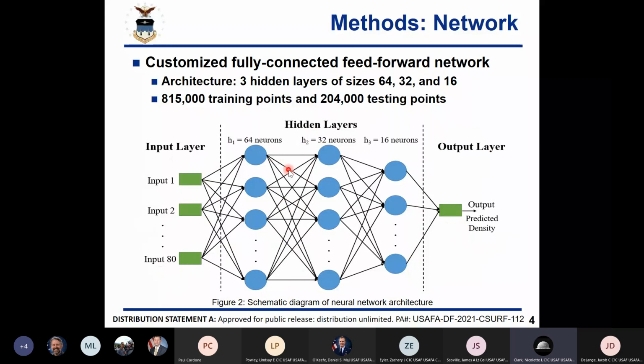We used 815,000 training points and 204,000 testing points, which means that for 815,000 of the data points, we gave the model the inputs and the associated output that was measured by IMESA, and it used those data points to map out the relationship between the inputs and outputs. And then for the 204,000 testing points, we gave it just the inputs and asked it to predict, and then compared those predictions to the actual IMESA measured densities.